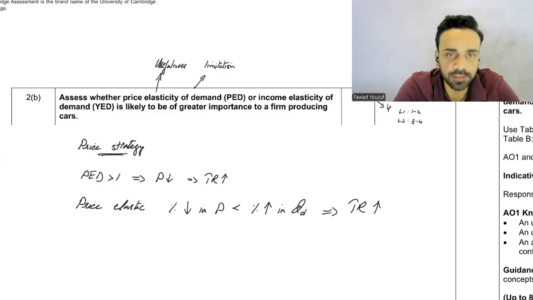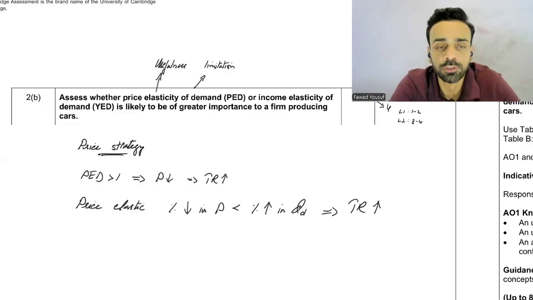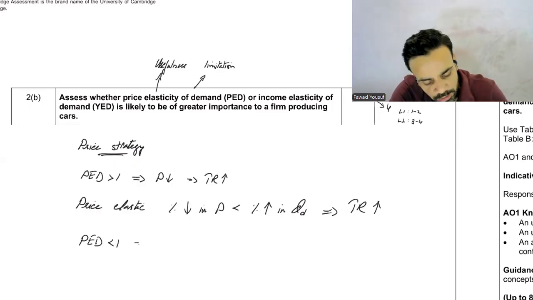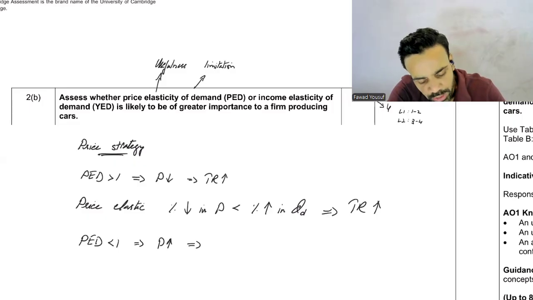That is fantastic. I'll give you 2 marks for this, actually. I would give you level 1, 2 marks. बच्चे ने जबरदस्त usefulness बताई है. But I would be even more happier if the kid then says, if PED is less than 1, the firm should increase its price to increase the revenue.